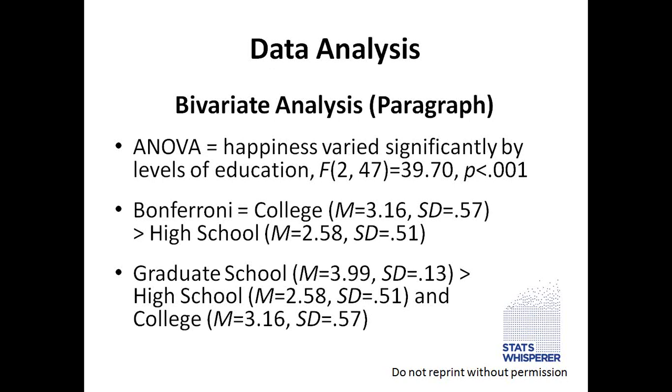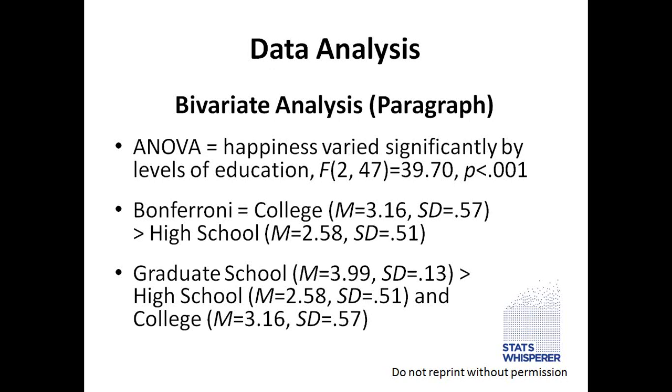And then we report the results of the ANOVA, which is expressed in the F statistic, and then the degrees of freedom, which for ANOVA is a ratio that's given in the output, if you'll recall. So it's 2, 47, and then equals the value of the ANOVA, 39.70, and the p-value.